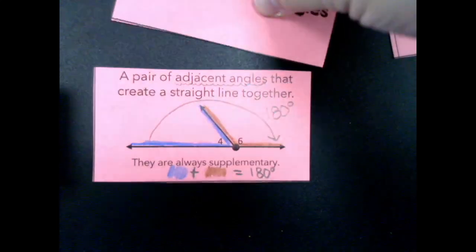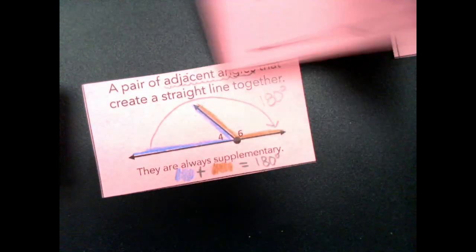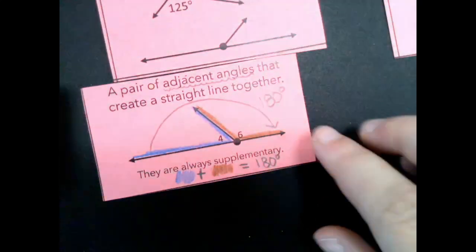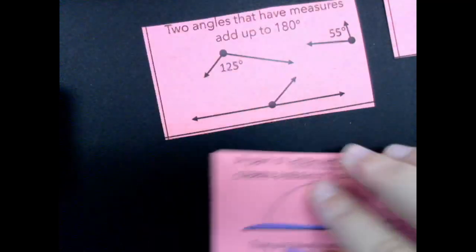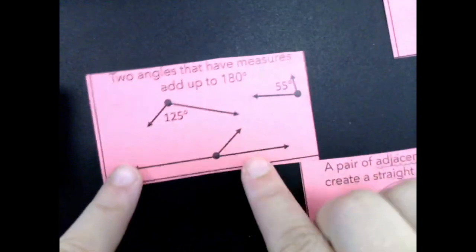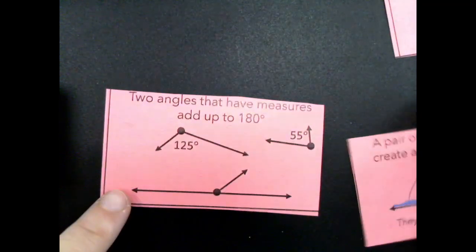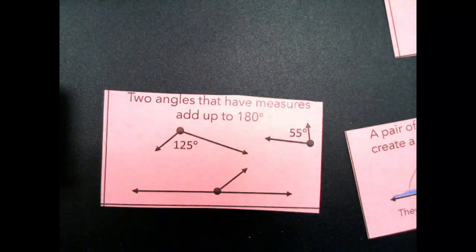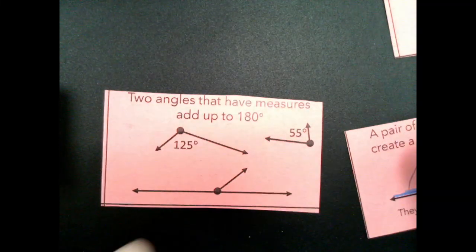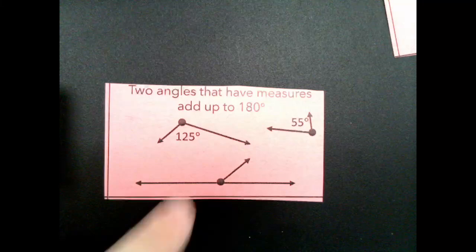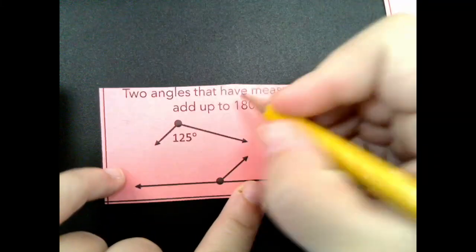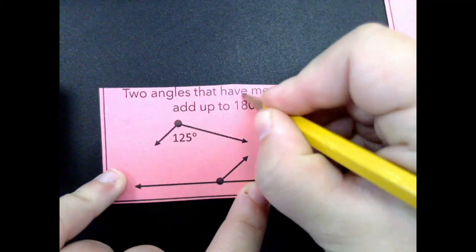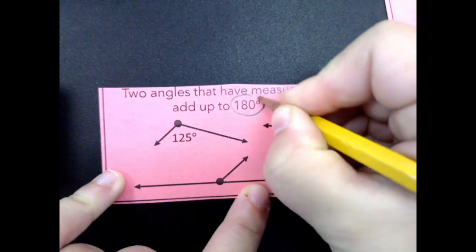We just have two angles that add up to 180. So there's a couple ways that this can look when we talk about that. So if you flip it over, two angles that have measures that add up to 180. Okay, if you want to box that 180 or circle it, that 180 is the really important part of this key.